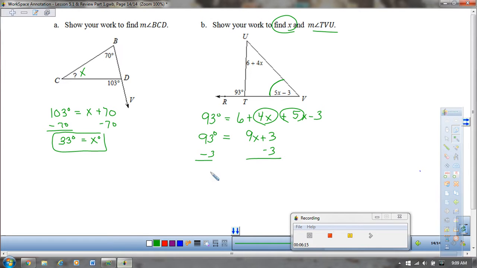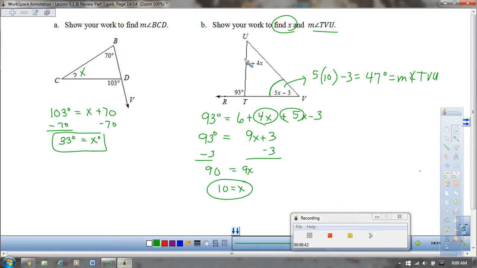And 93 minus 3 gives me 90. And 90 equals 9x, so dividing by 9, I find out that x equals 10. Then I go back and I put it into this angle. So 5 times 10 is 50 minus 3 gives me 47 degrees for the measure of angle TVU.